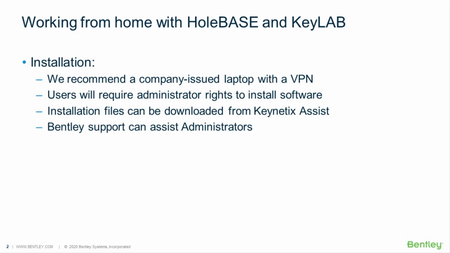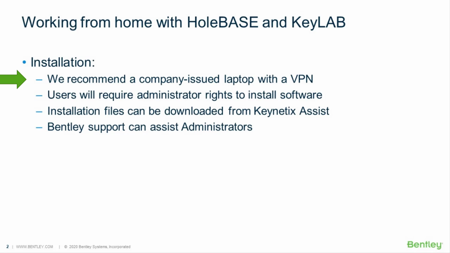Okay, so just a few notes on how to install and get the software up and running on the machine. First of all, we would recommend that you use a company-issued laptop with a VPN connection if possible.